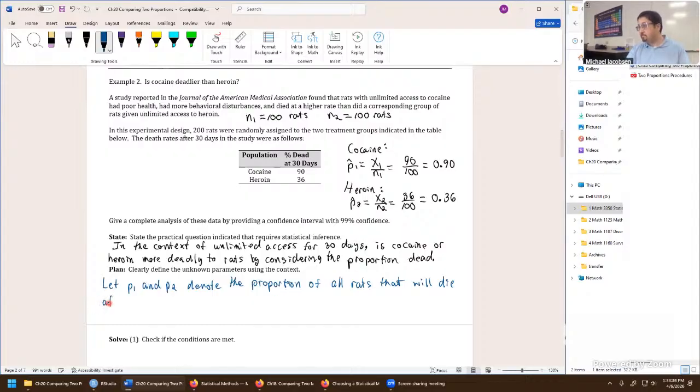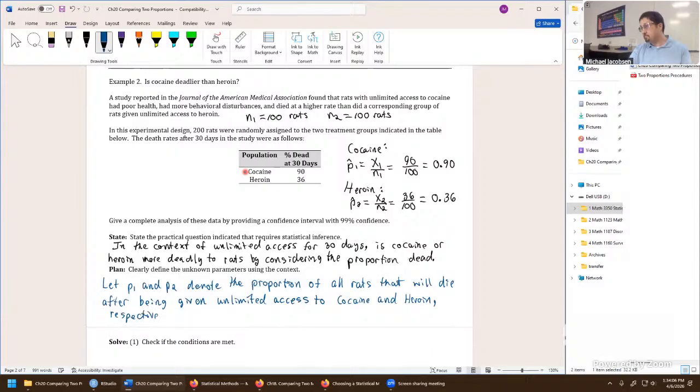after being given unlimited access to, that again, let's keep the correspondence the same, cocaine and heroin, respectively, for 30 days.